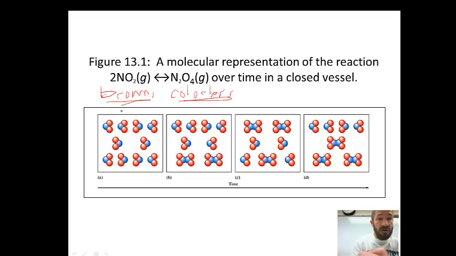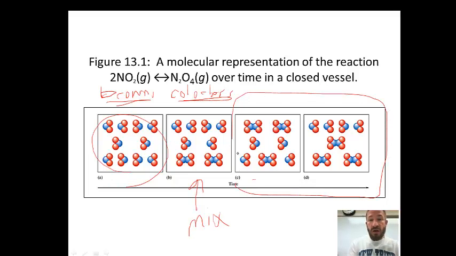So we have a colorless gas here and a brown gas here. If they're put in a reaction vessel over time, you see at the very beginning we have all nitrogen dioxide. Then here we have a mix, and if you notice these last two vessels, this would be a molecular representation of the fact that we've reached chemical equilibrium.